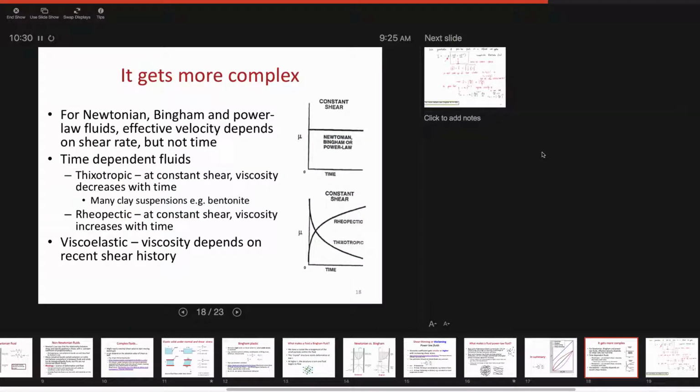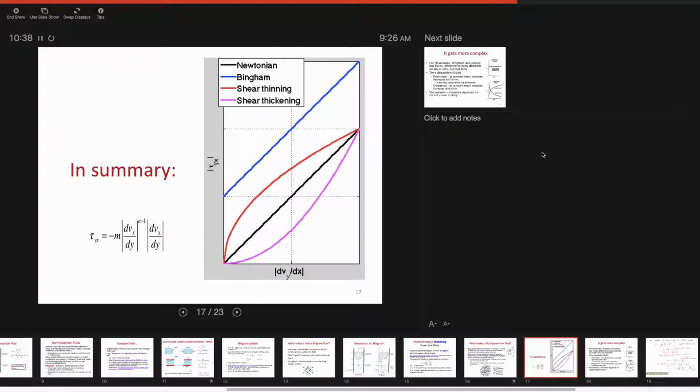It can actually get worse. Yes? Shouldn't the x's on that graph be dvx/dy? What did I plot? Yes, it should. I have had this for the past 3 years or so. Yeah, the x and y switched.